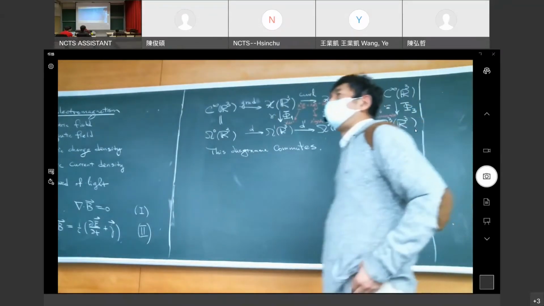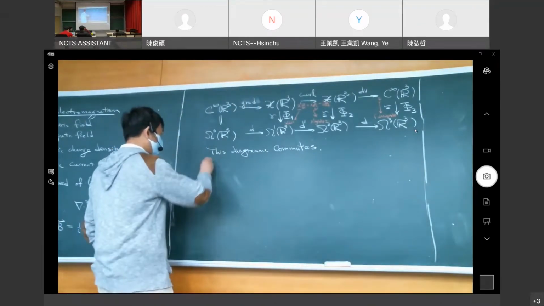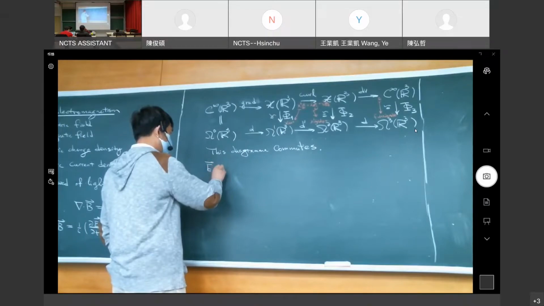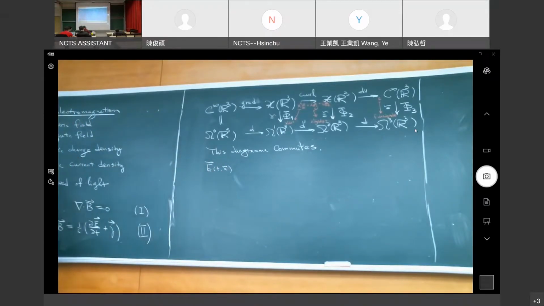But once we have this notation, then we have that the electric field, which is a vector field, is not just a vector field on R3, it's actually dependent on the fourth variable, which is time.